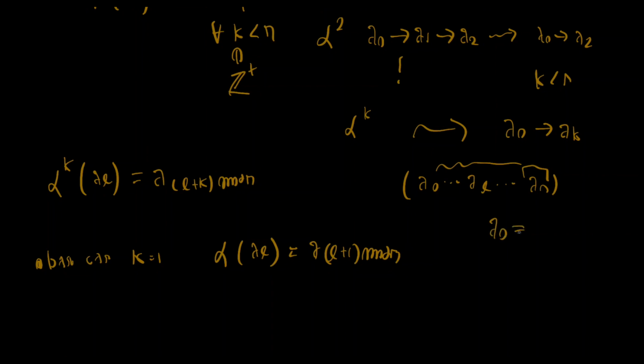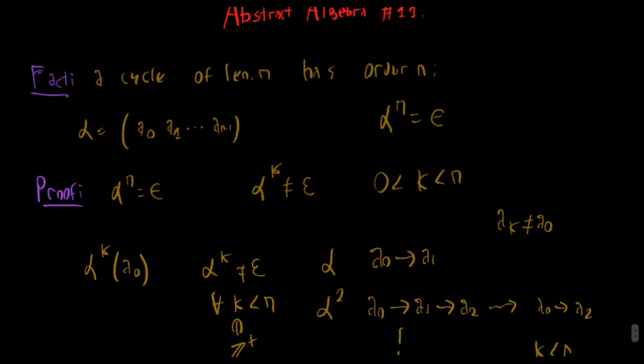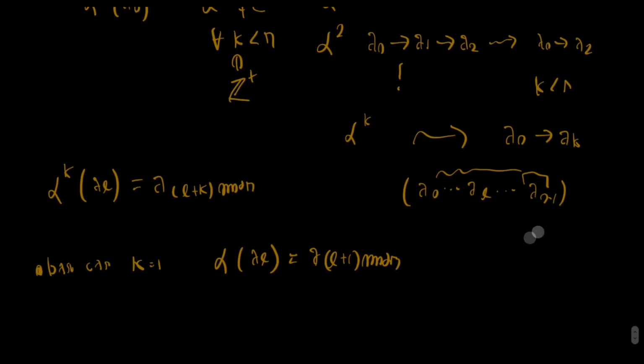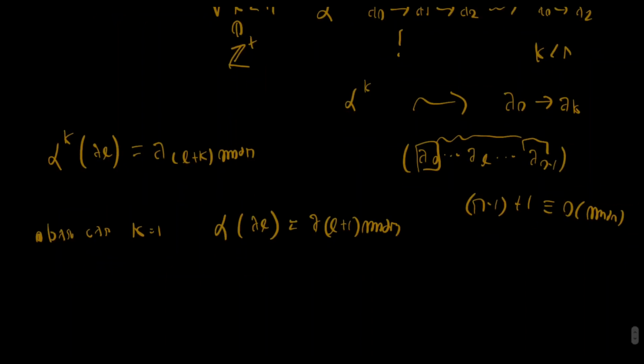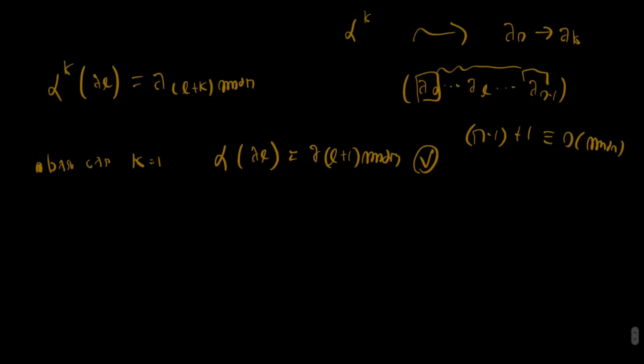Here, if we're supposing this is an n-cycle, be careful, the last index would be n minus 1, and n minus 1 plus 1 is 0 mod n. And so it checks out. We will go back to the beginning. And so we have verified this for the base case k is equal to 1.